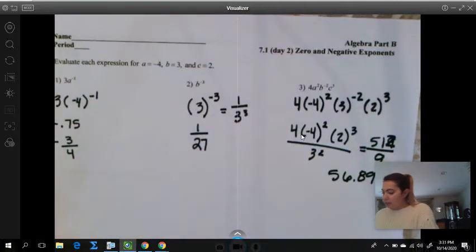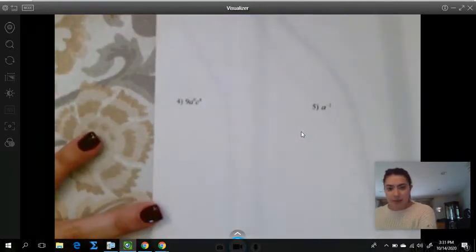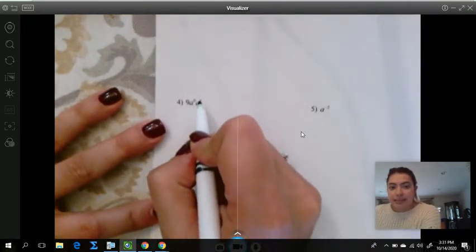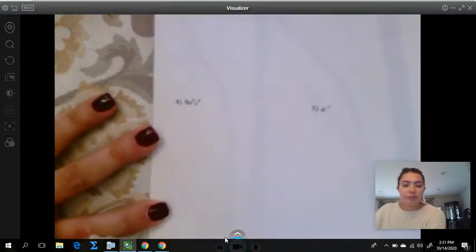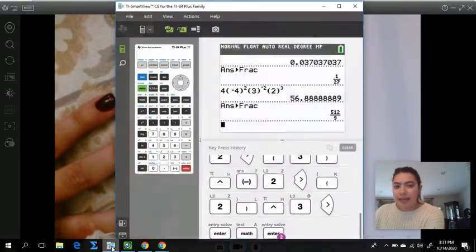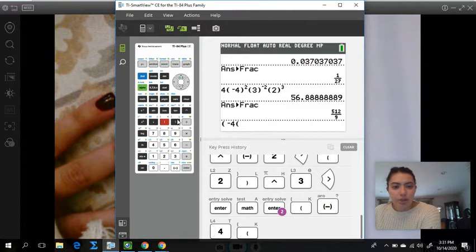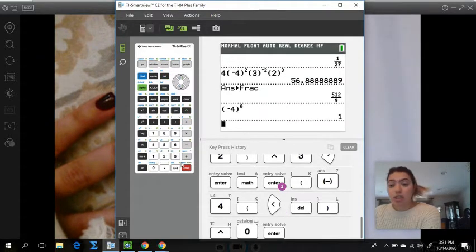All right, now let's move on and keep evaluating for 4, 5, and 6. Here we have 9 times a to the 0th power times c to the 4th power. Let's refresh our memory. If a is -4, then -4 to the 0th power is just 1.